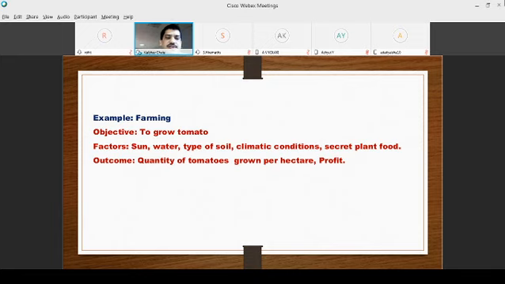So the outcome might be only the quantity of the tomatoes that I would like to check for, or it might be with respect to profit. If I'm going for profit, then I would also like to check the quality of the tomatoes grown, the quantity of the tomatoes grown, as well as the profit. That means quality and quantity both correspond to the profit.